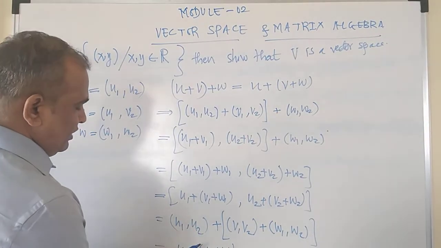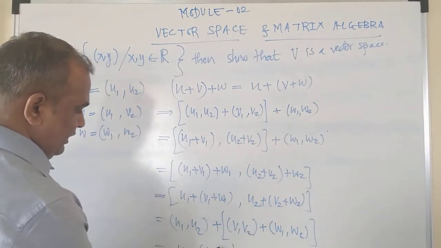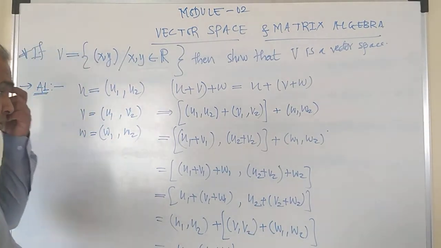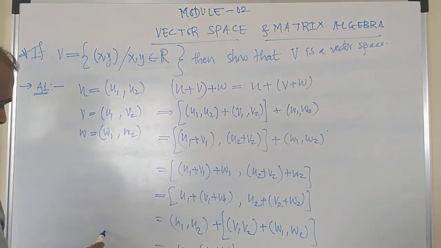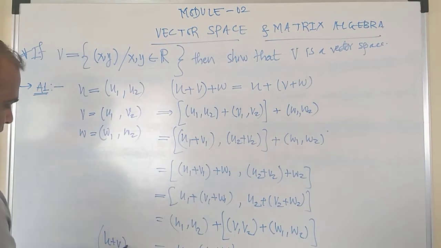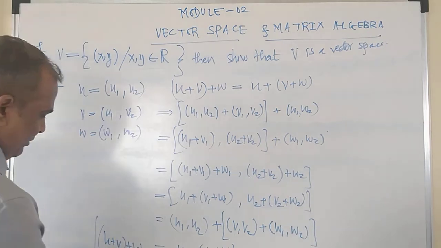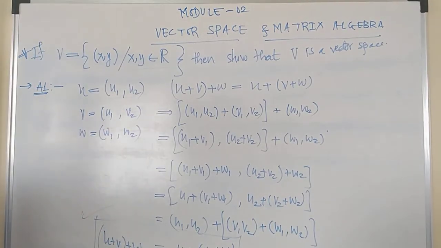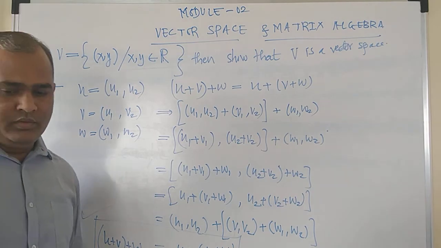u1 u2 is a vector u, v1 v2 is a vector v, and w1 w2 is a vector w. And thus I can say u plus v plus w can be written as u plus v plus w. That means the first axiom for the addition of the vector is followed, right?